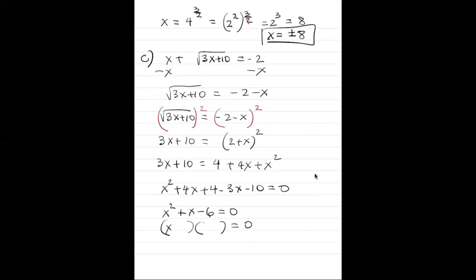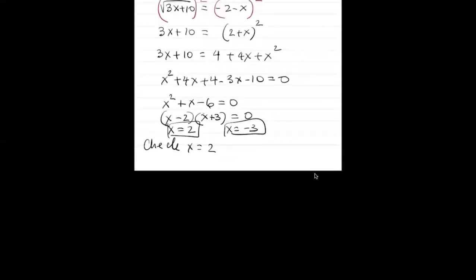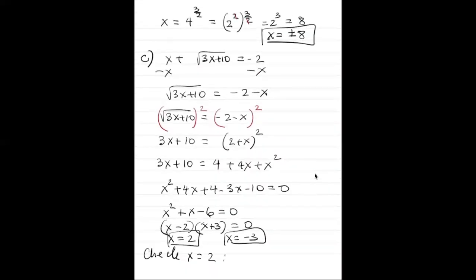Factor x and x, 2 and 3, but x is negative. So x equals 2 and x equals negative 3. Again, we have to check. So check x equals 2 in the original problem, and you have 2 plus the square root of 3 times 2 is 16 equals negative 2.